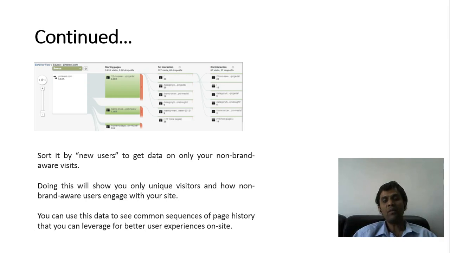Then, you can sort it by new users to get data on only your non-brand-aware visitors. Doing this will show you only unique visitors and how non-brand-aware users engage with your website. You can use this data to see common sequences of page history that you can leverage for better user experiences on the site.